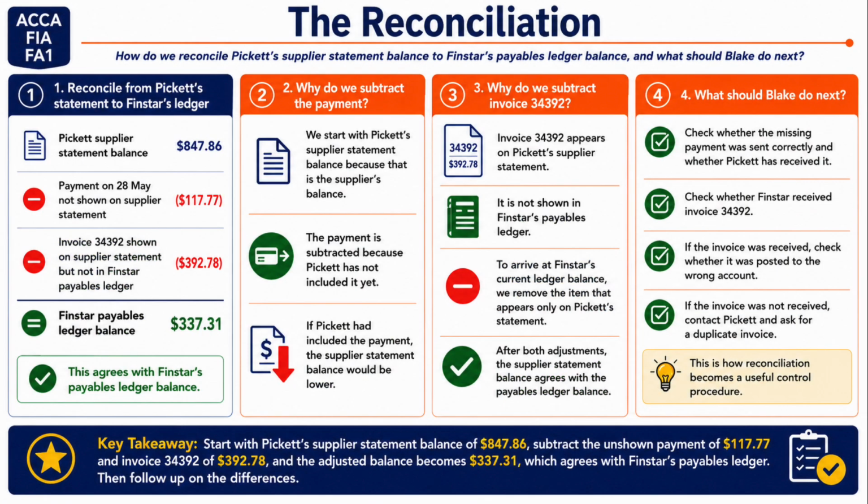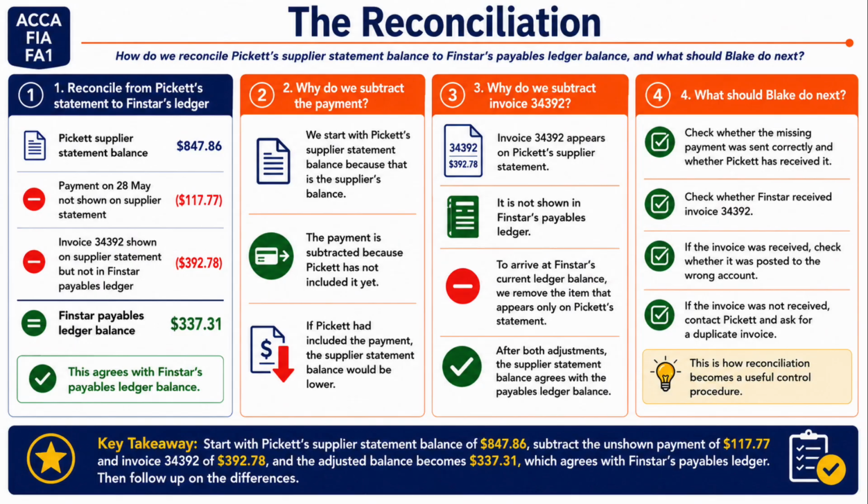The reconciliation. Now we reconcile from Pickett's supplier statement balance to Finstar's payables ledger balance. We start with the balance on the supplier statement, $847.86. Then we subtract the payment made on 28 May that is not shown on the supplier statement, minus $117.77.